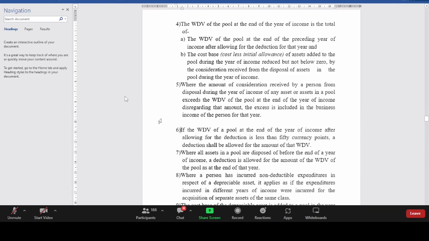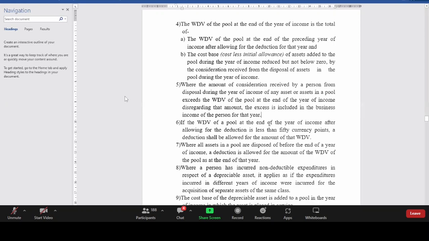Note 6. If the written down value of a pool at the end of the year of income, after allowing for a deduction, is less than 50 currency points, guys, that is 1 million, a deduction shall be allowed for the amount of that written down value.